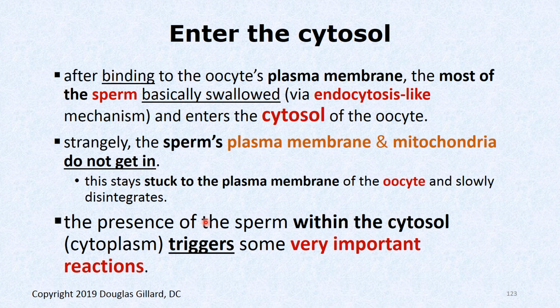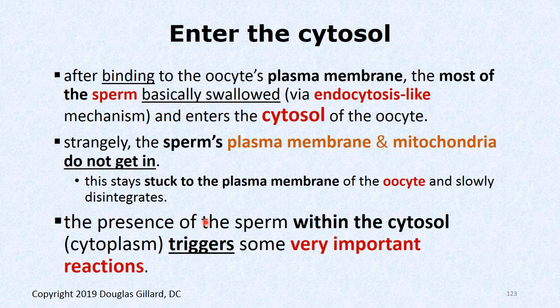So after binding, we're going to enter the oocyte's cytosol. After binding to the oocyte plasma membrane, most of the sperm is able to go via endocytosis into the cytosol. But strangely, the sperm's plasma membrane is not allowed in, and we don't know why this is.